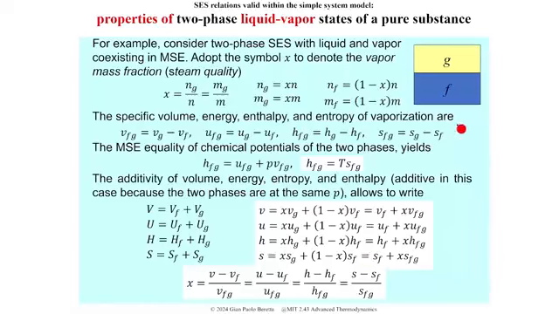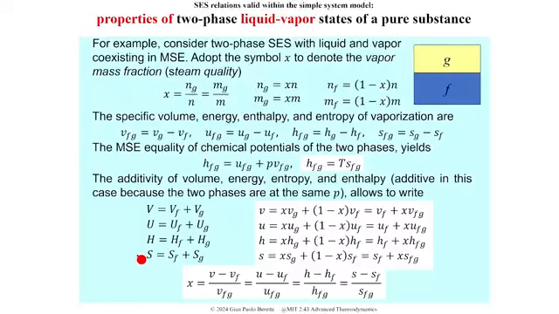In the slide here, we have only 2. It's a composite system. So for the properties of the composite system, the additive properties, it's easy. For example, the volume, that's the volume of one plus the volume of the other. The energy is an additive property, so it's the energy of one phase plus the energy of the other.